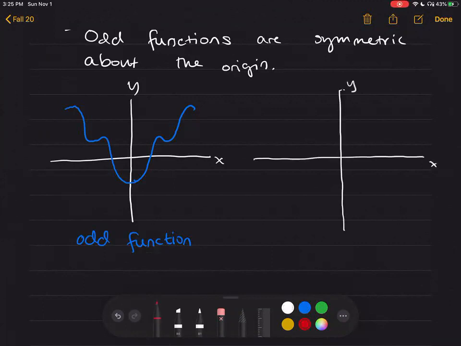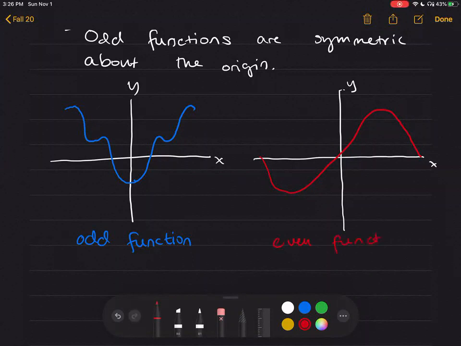X, Y, little curve because of the origin, and curve up here. And if you look at the first quadrant, where everything is positive up here, and you imagine you rotate it about the origin, then it'll end up here. And so that's what it means to be symmetric about the origin. So this is an even function.